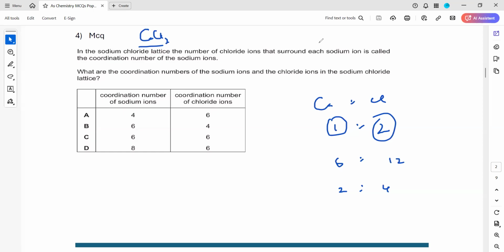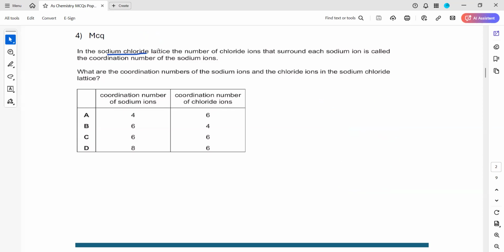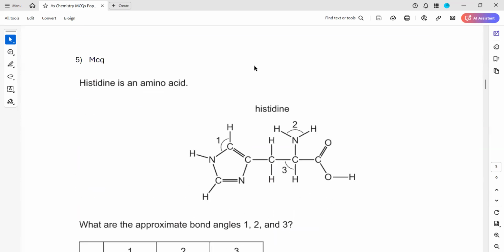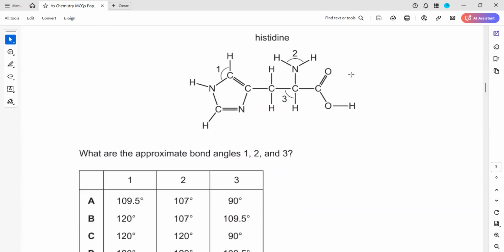But in sodium chloride, the ratio is 1:1, so the ratio of the ions for sodium and chloride should also be 1:1. Is it clear? Question 4 was actually related to the ratio. Question 5, any doubt?